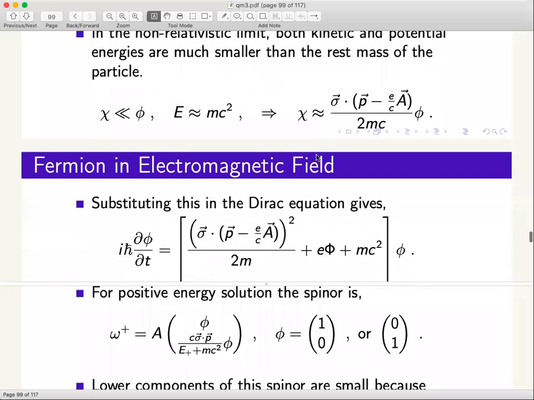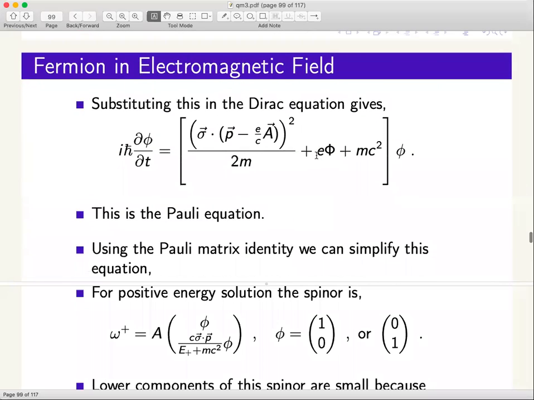So you substitute that back and you get an equation which almost looks like a Schrodinger equation. This is the equation which Pauli wrote down for the first time, and that's why it's called the Pauli equation.